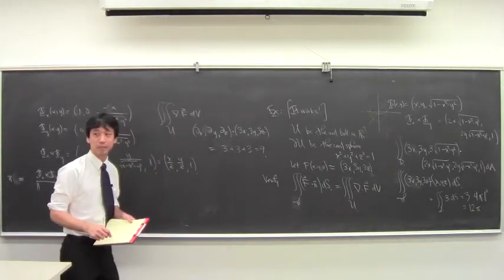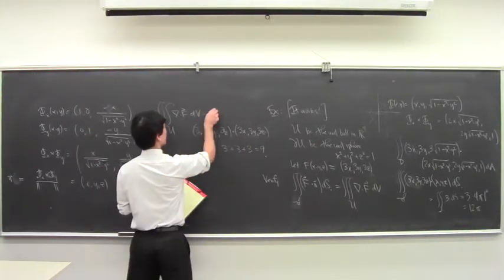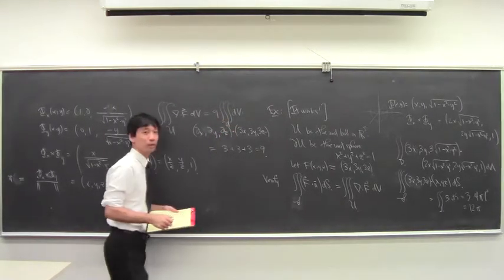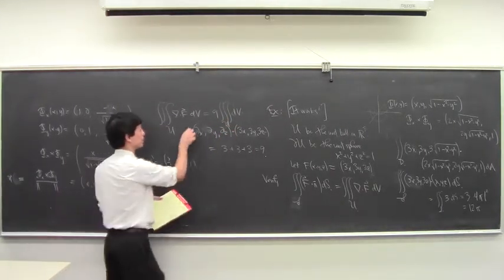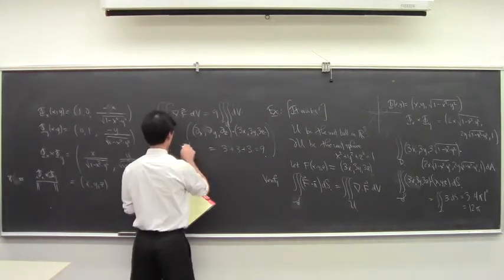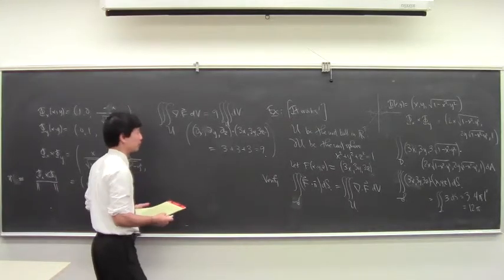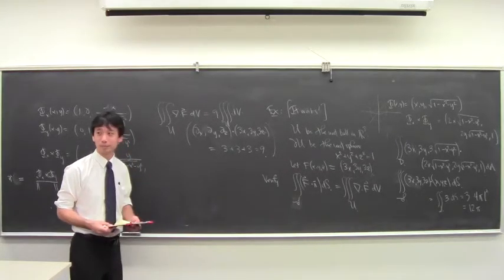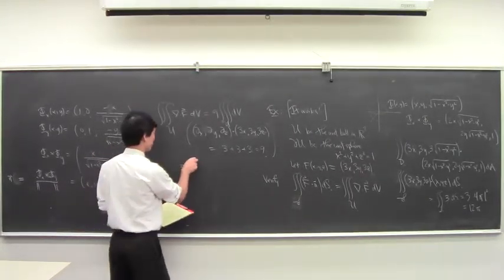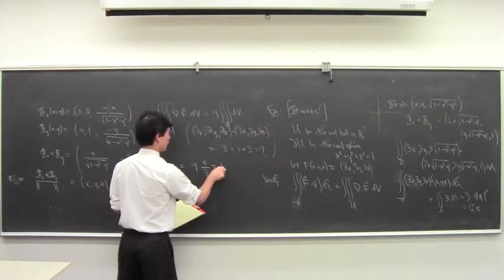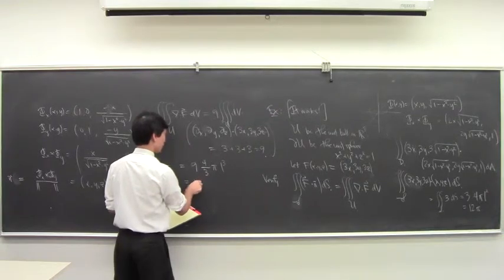And so you end up with 9 times the volume of the ball. And what's the volume of the ball? 4/3 pi r cubed. And you see we get 12 pi.